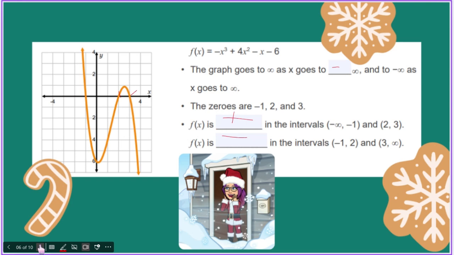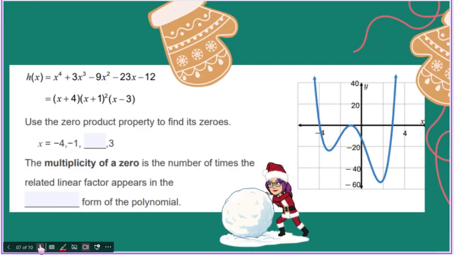All right. Let's move to the next one. Okay, so this one here, use the zero product property to find its zeros. I believe this is a typo, because the degree is 4. And if the degree is 4, that means we're only going to have 3 curves, so there will not be 4 x values.